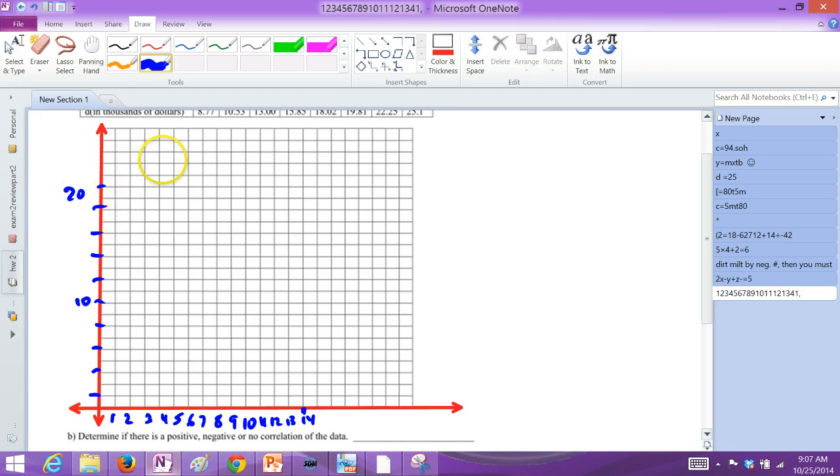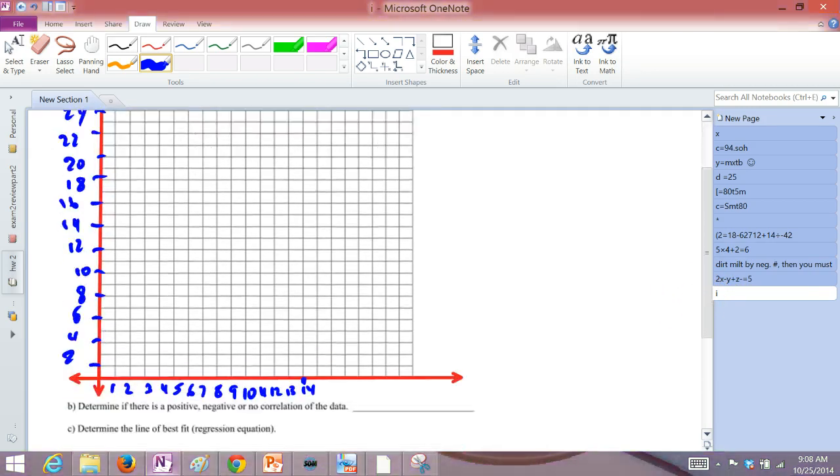That's 20. Okay, might be off the graph on one of them, that's okay. So 2, 4, 6, 8, 10, 12, 14, 16, 18, 20, 22, 24. Okay, great. So we need to plot these points.